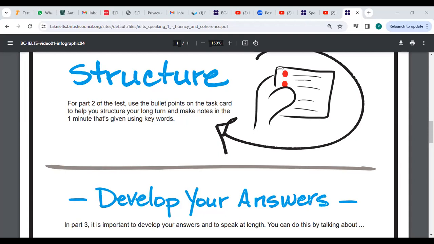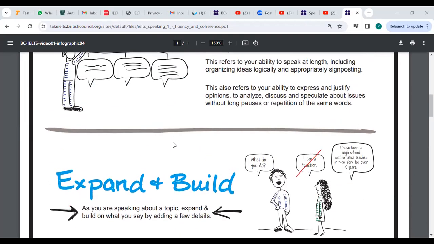In fact, there's a trick of going about it. You can paraphrase the question. When I say paraphrase, what does that mean?